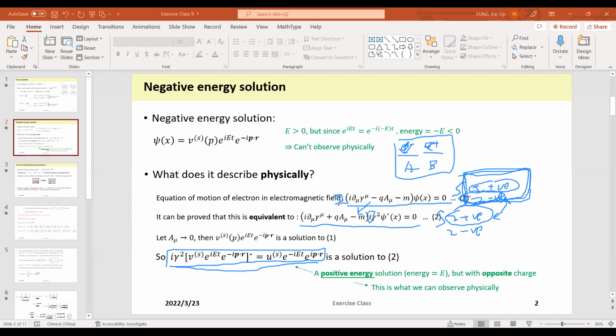When you multiply by 2 here, the equation also holds, right? And if you take the complex conjugate of each term, it also holds. It's just another form of this equation.